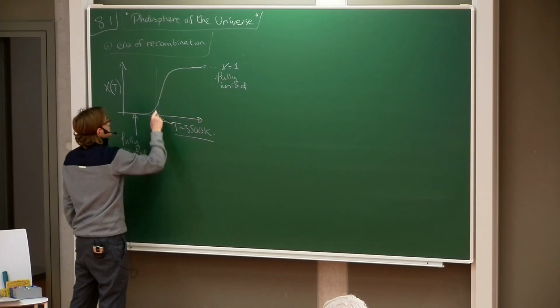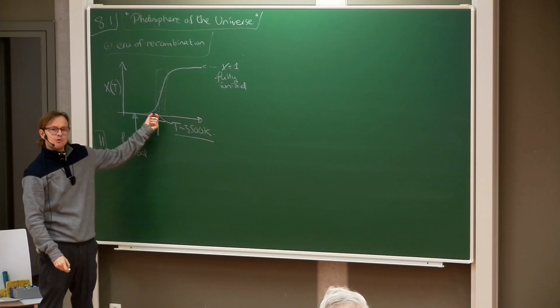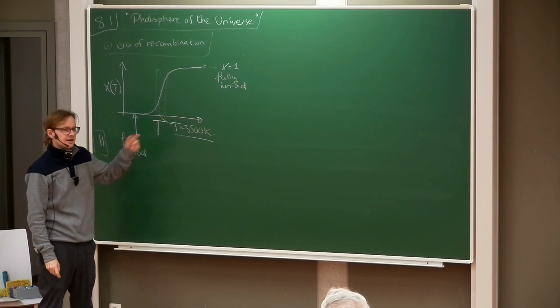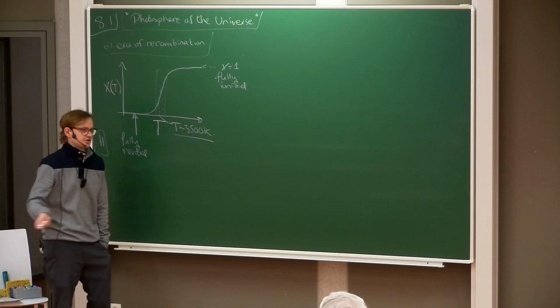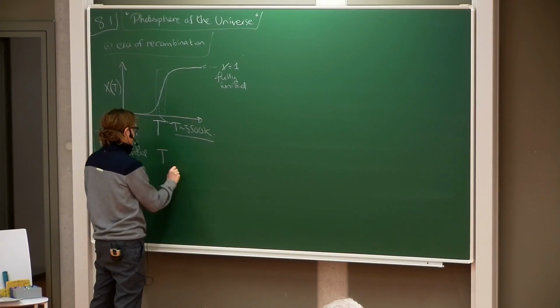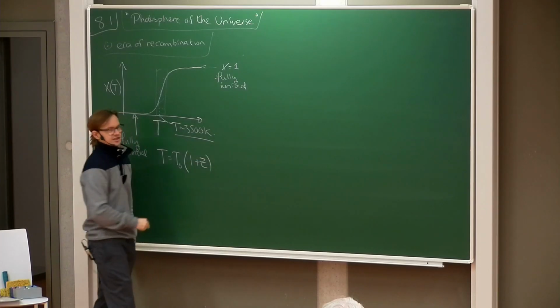Some key points were that it happened fast, so when you look in cosmic time, this is a very small region. We learned how we connect the redshift to the temperature through T equals T0 times 1 plus the redshift.